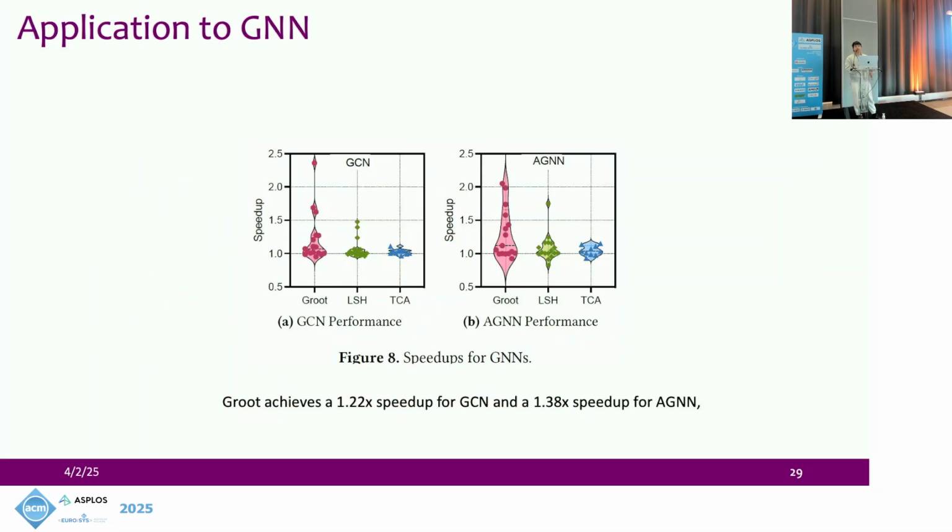And finally, we apply Groot on GNNs and found 1.22 speedup for GCN and 1.38 speedup for the attention-based graph neural networks.